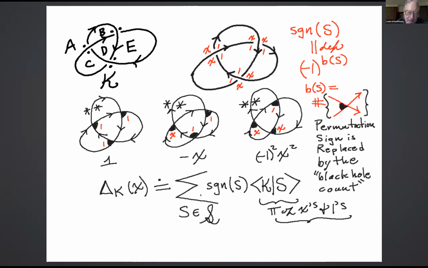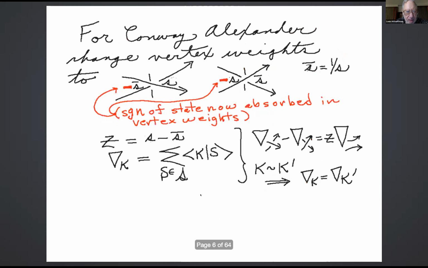One of the things that I did with this a long time ago was to give a model of the Conway-Alexander polynomial. And what you can do is you can change the vertex weight set. There's a story about how to change it, of course, but I won't go into that. But you change it to what I showed you on the first slide or what's happening here.